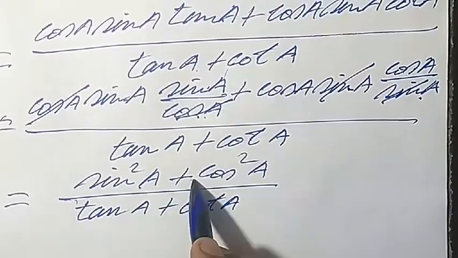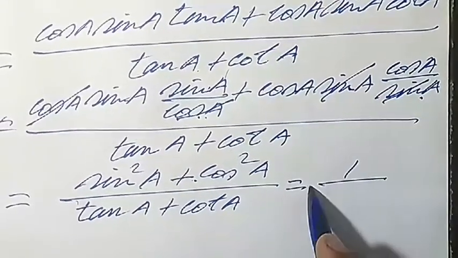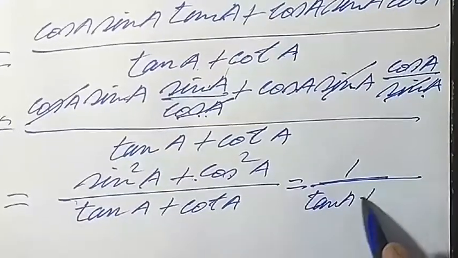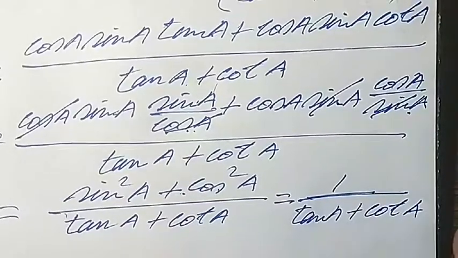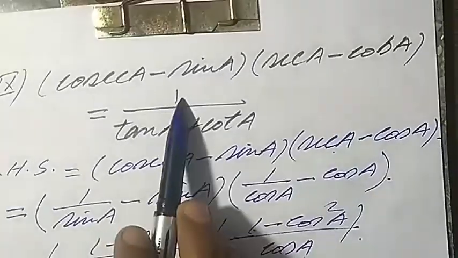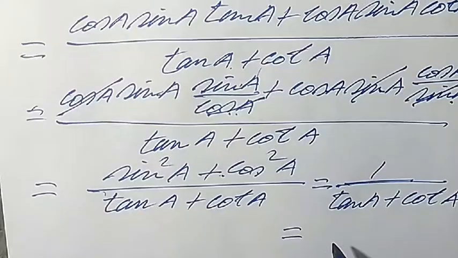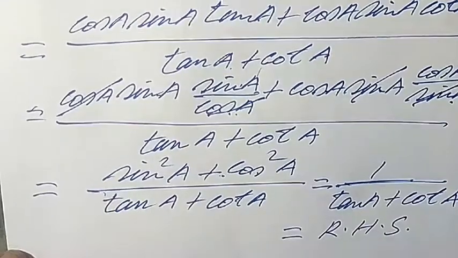So sin square A plus cos square A is equal to 1. And in denominator we have tan A plus cot A. So we have the right hand side of the expression, 1 upon tan A plus cot A. So we have proved the left hand side is equal to right hand side, and hence proved.